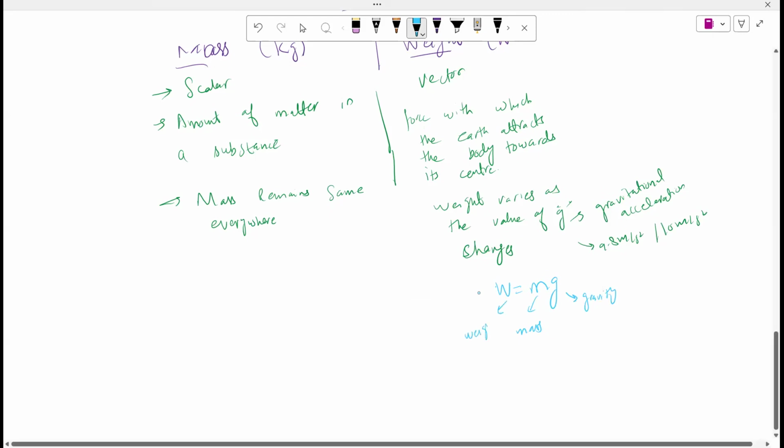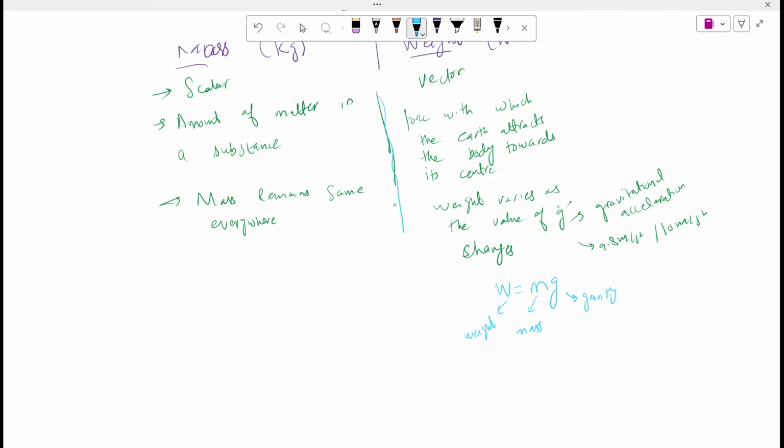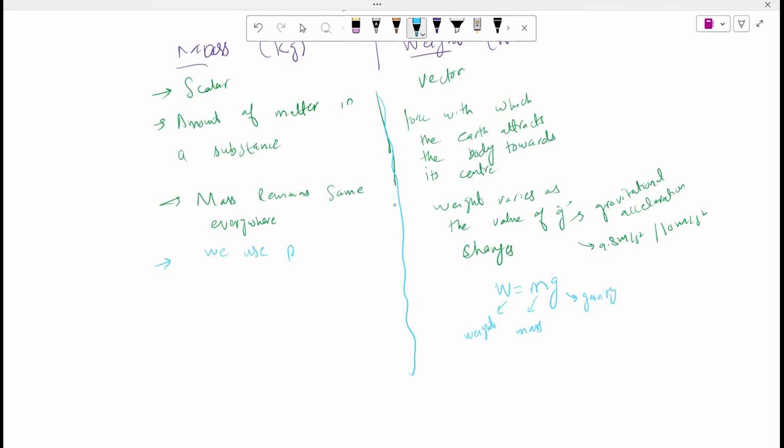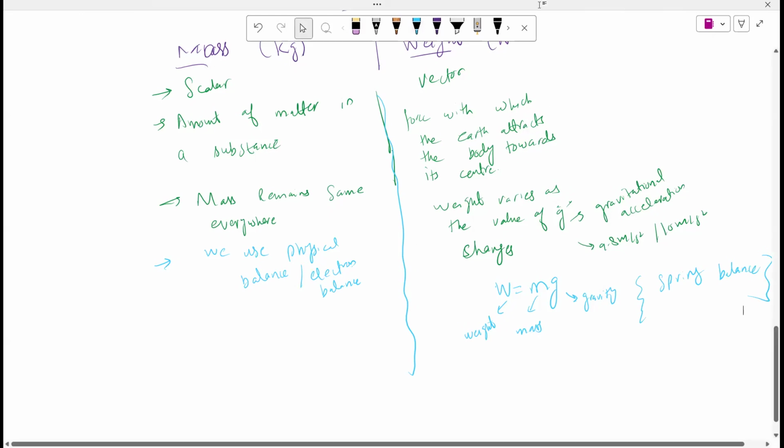Then there is another point that normally comes up in the discussion: to measure mass, we use a physical balance or electronic balance, and weight is measured using a spring balance. I will show the diagrams of them as well, so do not worry about that. Am I clear up till here? The difference between mass and weight and their respective definitions, and Newton's second law.